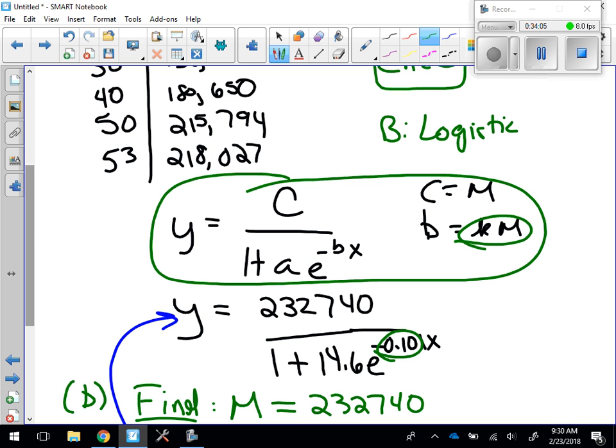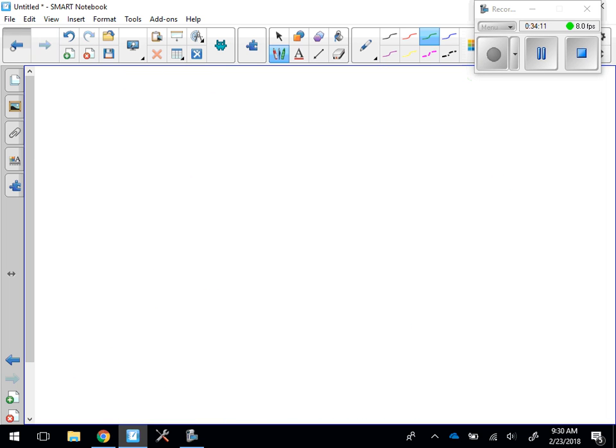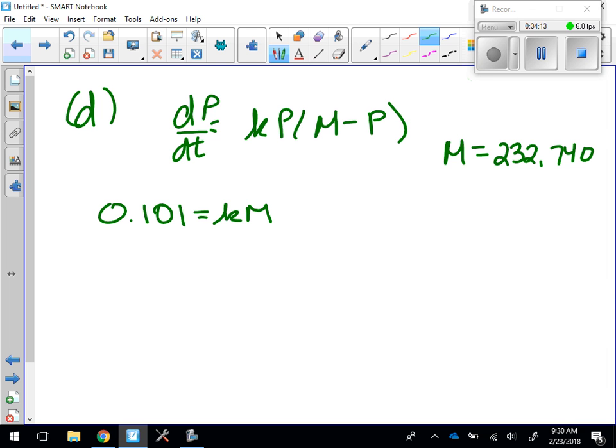here, this thing is actually km. But we just want the k. Oops. So I've got that my 0.101 is equal to km. I know what m is, so it's 0.101 divided by 232,740.